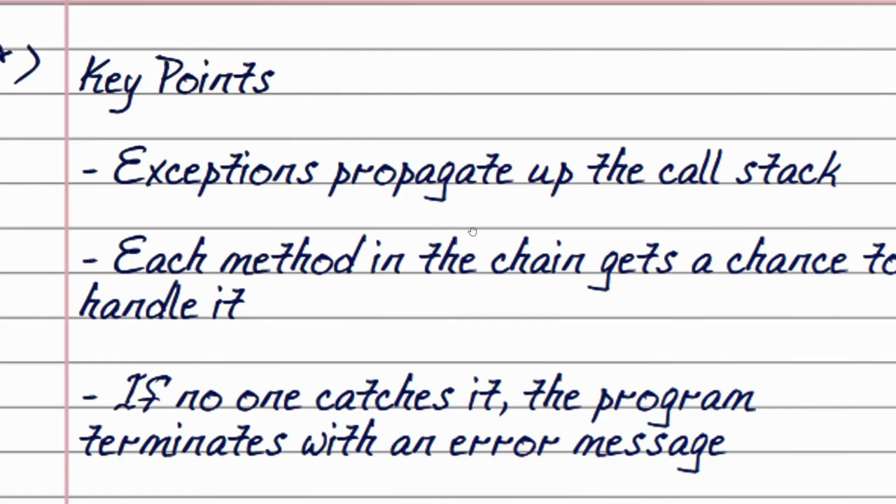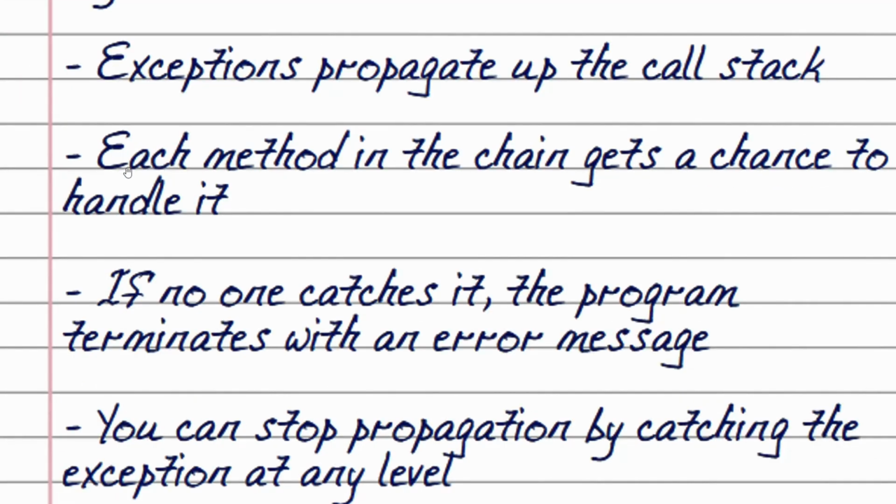Now let's see some key points for the exception propagation. So first, exception propagates up the call stack. Next, each method in the chain gets a chance to handle it.